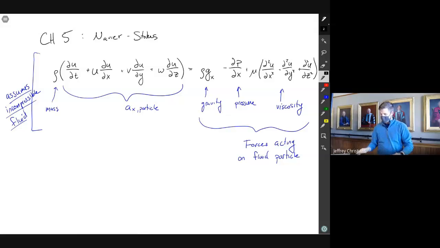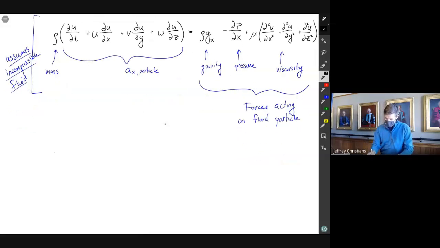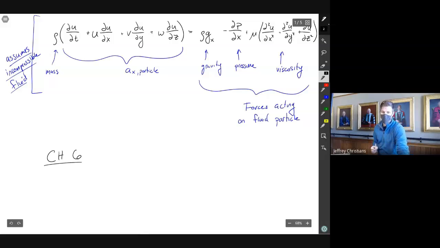And that brings us from chapter 5 to chapter 6. Which is incompressible inviscid flow.